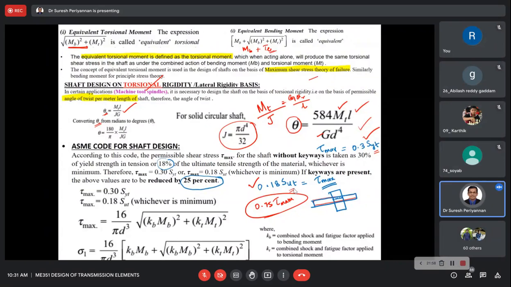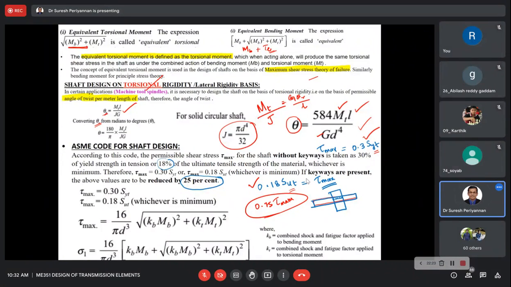That's what we are discussing, both with keyways and without keyways. Without keyways, which one is minimum, 0.3 SYT or 0.18 SUT? That will be considered first, then that one again multiplied by 0.75. Okay, now I think you might be very clear.